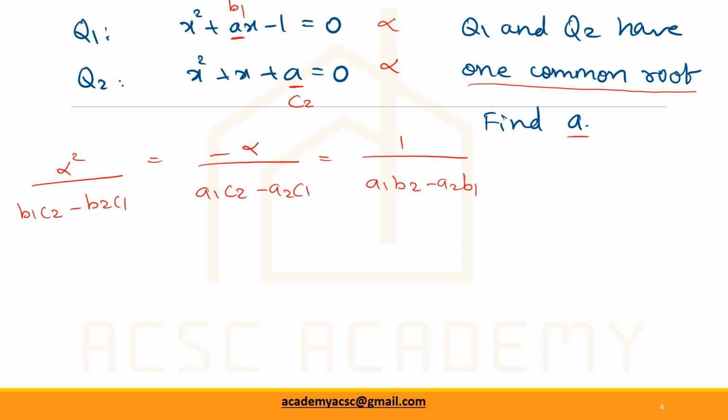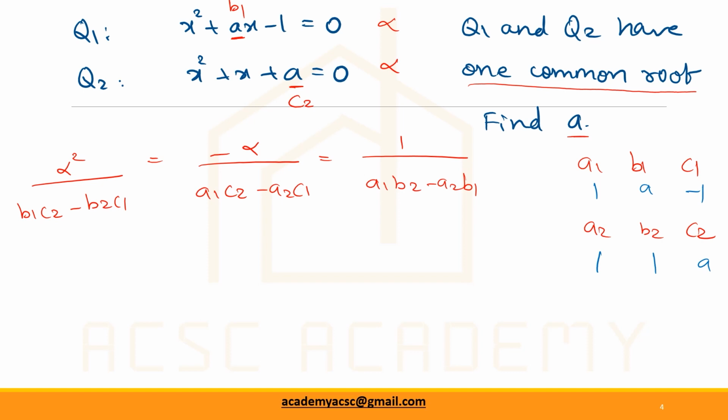Here let us note down what a1, b1 and c1 are. That would be easier. We get a1 as 1, b1 as a, and c1 as minus 1. a2 as 1, b2 as 1, and c2 as a again.